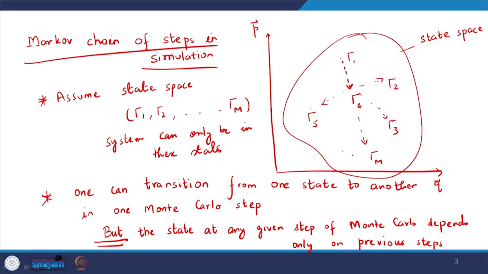So, let us say in the second step, I get to gamma 3, right. So, if I am at gamma 3 now, I can say with certainty that I came from gamma 4, but I cannot say what happened prior to that. So, the memory of the system is only of the previous step. At any given time, the state is determined only by where I was last.